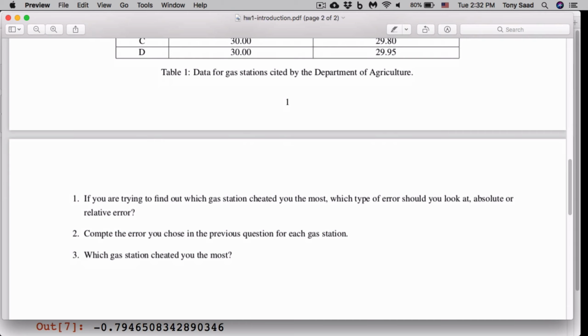So again, we can do this with a brute force approach, and I'll show you my solution real quick. Similar to what we did with the derivative problem, we can define an error for gas station A, an error for gas station B, an error for C, and an error for D, and then go through each one of them.